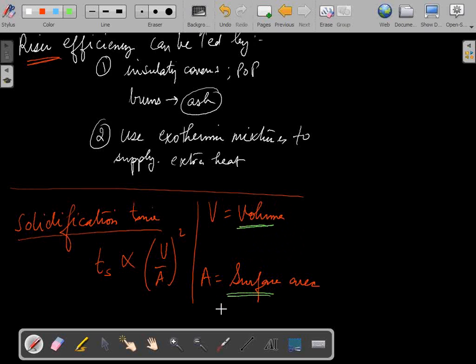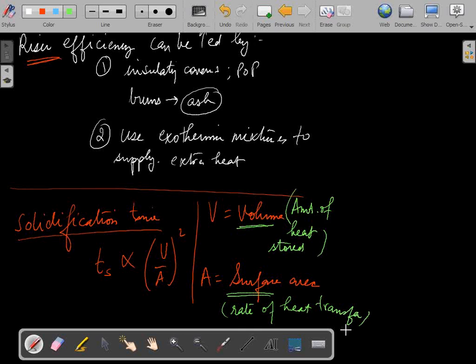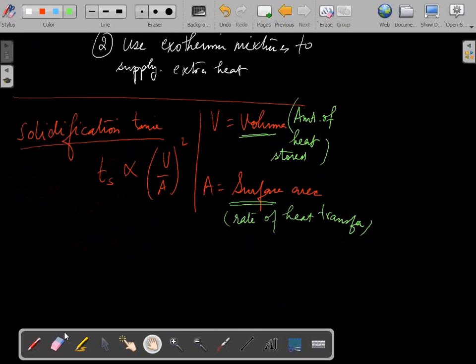significance of these two terms, is that volume denotes the quantity of heat stored within a volume or within a shape, within a body, how much heat is there. And surface area denotes the rate of heat transfer. So if you have high surface area, your heat transfer would be high.